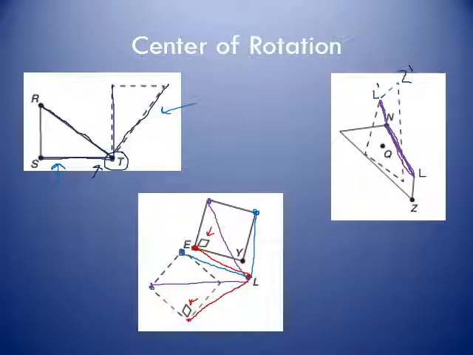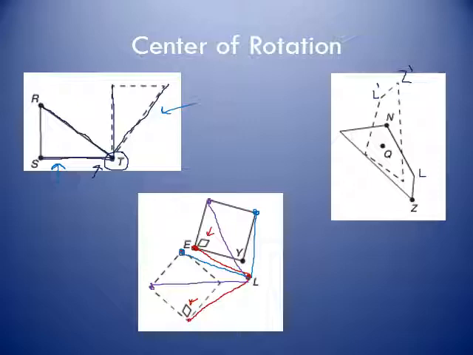So again, I think N is where they rotated. I went from N to L and N to L prime. If it is the center of rotation, those should be equal. I look at that and I am saying, nuh-uh. These pictures should be accurate, otherwise it would be very hard to tell center of rotation. So you should be able to trust distance on these, otherwise it would be virtually impossible to do these.